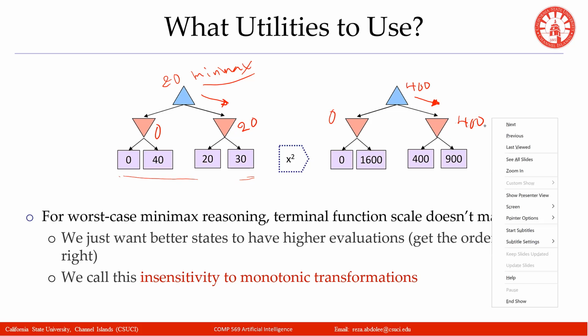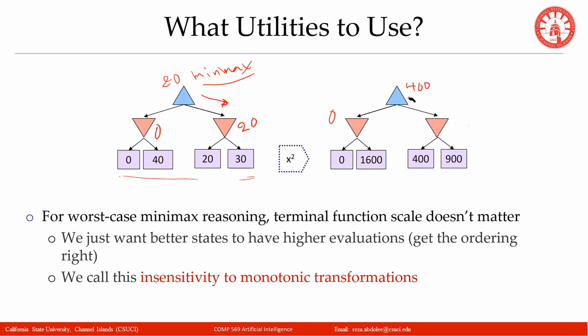Okay, now let's see how the definition of this utility function is going to impact expectimax. As you could see in the first example, minimax is insensitive to this monotonic transformation. How about expectimax?